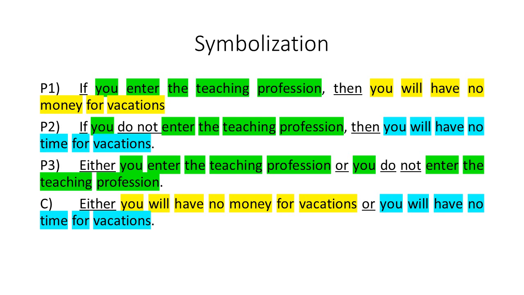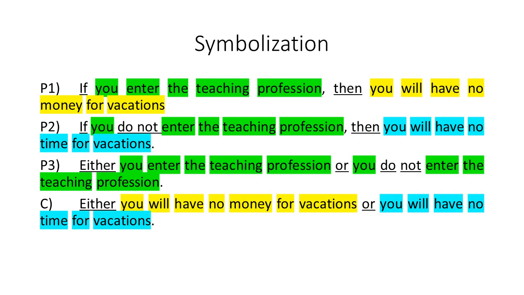Okay, so here we are. I've gone through and highlighted the various statements and how they should be symbolized, which statement letter you should use. Wherever you see green, you should replace it with the same statement letter.